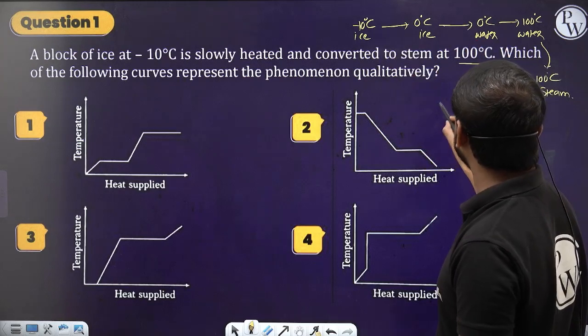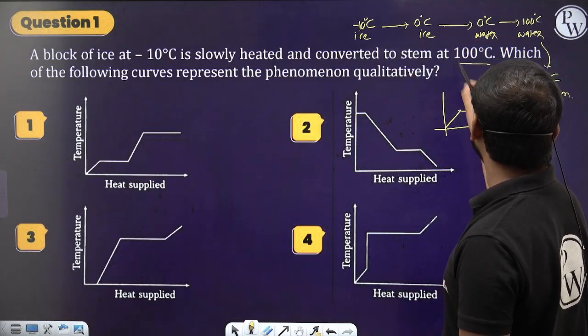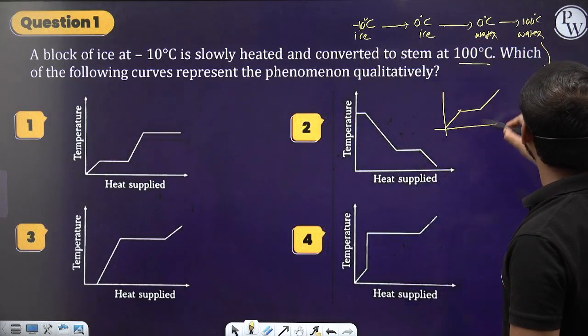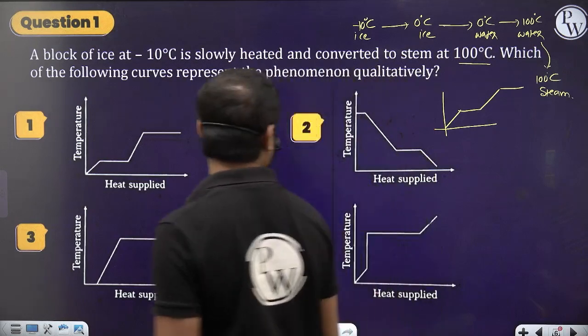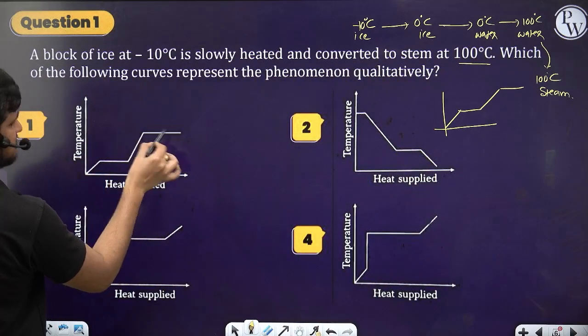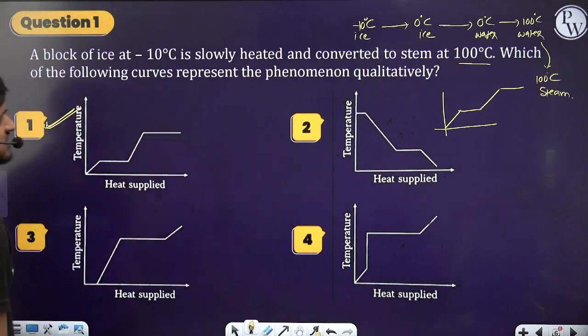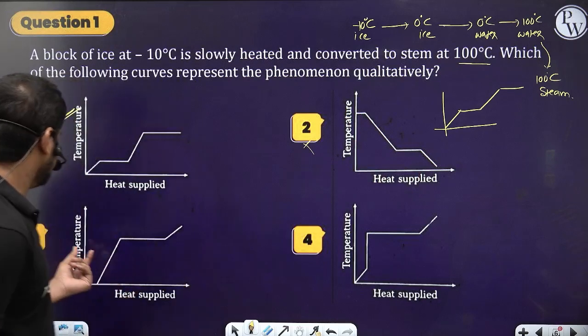So here first the temperature increases. See here, if you draw, first the temperature increases, then it remains constant, and then again it increases, and again it remains constant. So check for this kind of curve. Where do we have that curve? So increases, constant, increases, constant, the first one, temperature versus heat supplied. So here it's decreasing, no, not this one. And then this one, temperature.